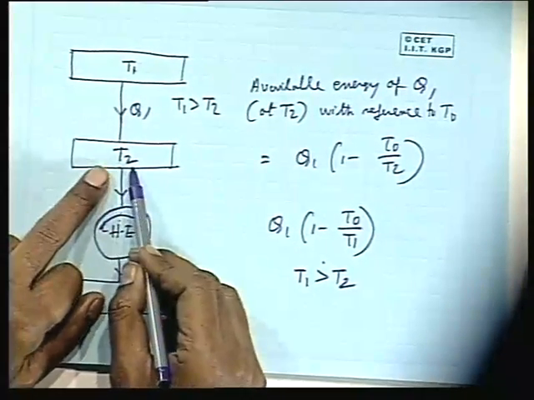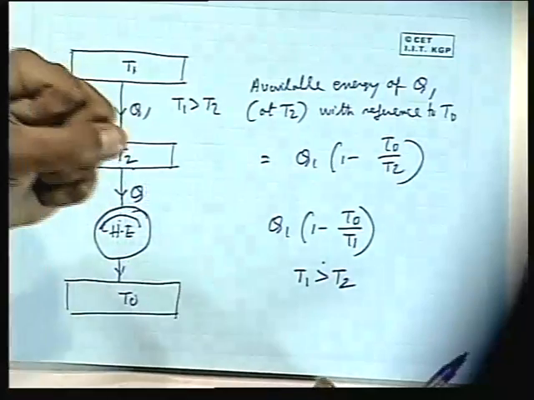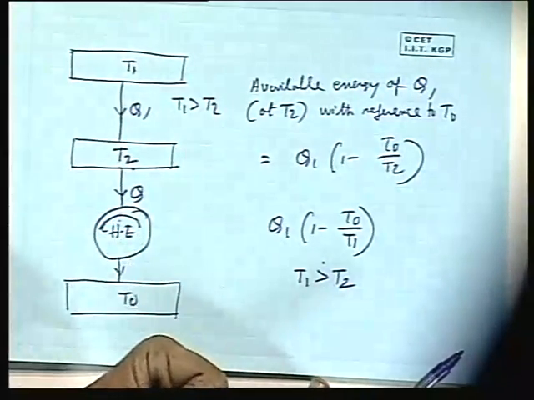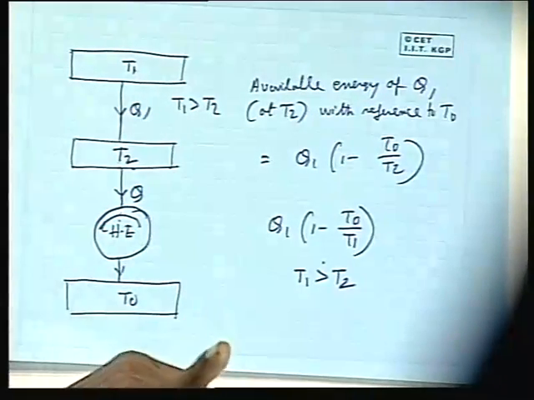That means when the same heat is taken from a lower temperature, its available energy or work potential is reduced. So it is always advisable to accept heat from as high a temperature thermal reservoir as possible. That means it is not only the amount of heat which is important, but also the temperature of the thermal reservoir from which heat is coming, provided the surrounding is fixed.